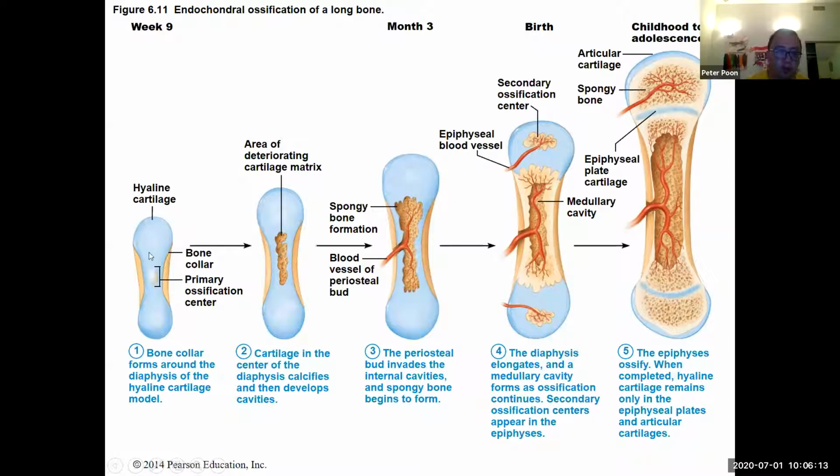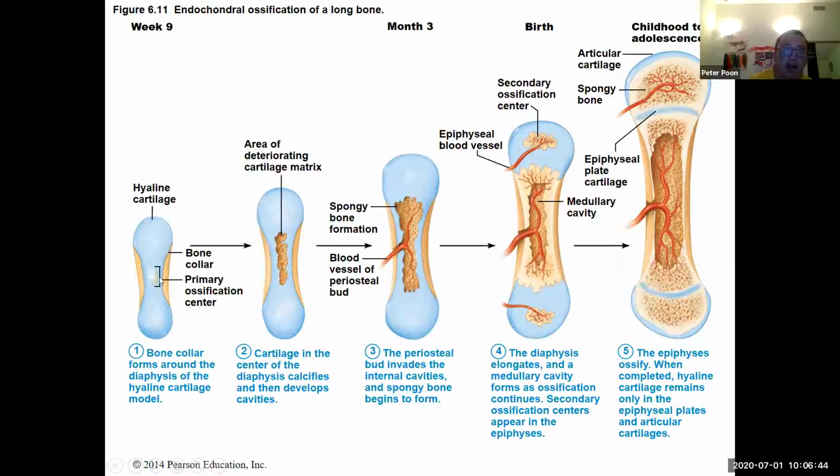You have this blue piece, which is the hyaline cartilage. The hyaline cartilage has something called a perichondrium wrapped around it. The first thing that happens is the perichondrium starts to change a little bit and turn into something called a periosteum. You can see that membrane right here.